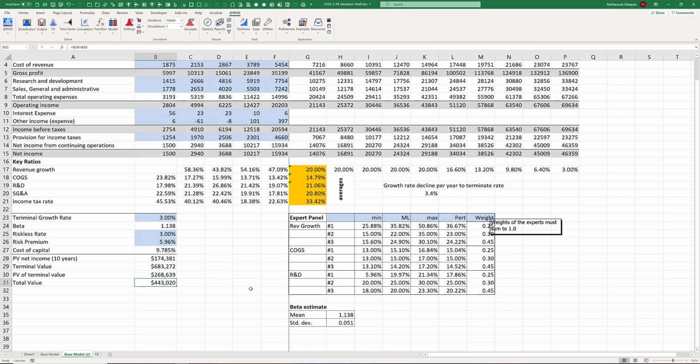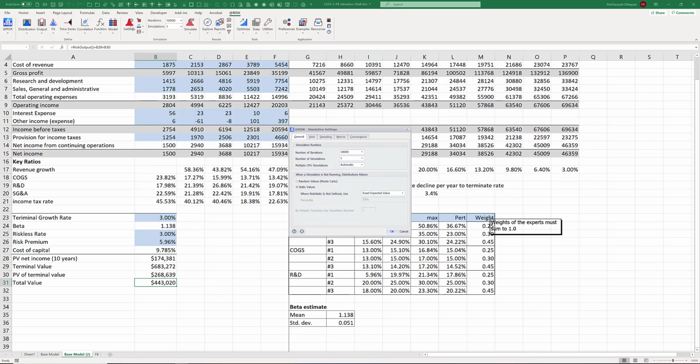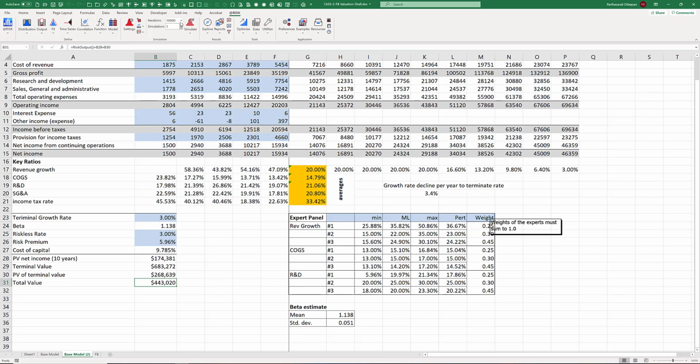So now before we run the simulation, we set this up as output. Then make sure that multiple CPU is selected as automatic. I'm going to do 10,000 simulations.